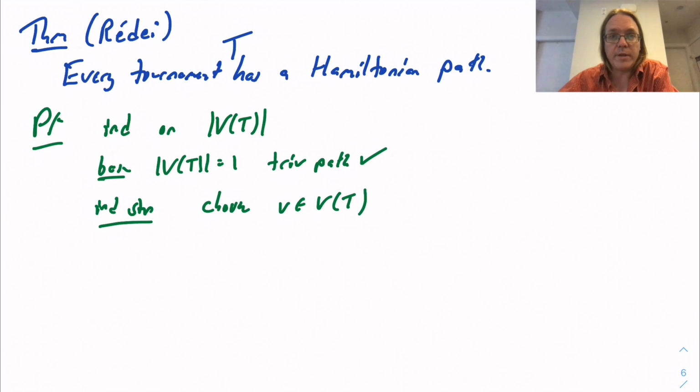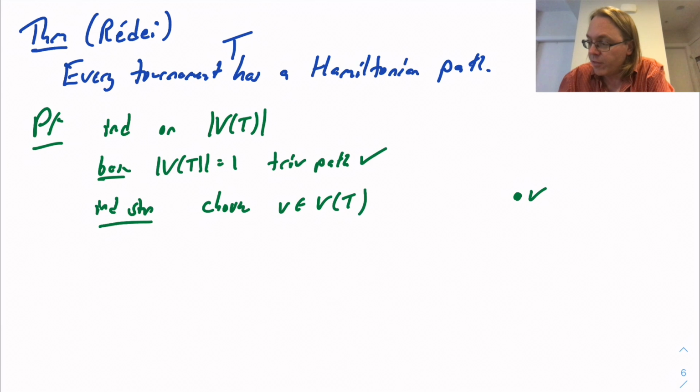Now here's the thing. We have a tournament. That means this is an orientation of the complete graph. So I've singled out my vertex v. Here it is. Now, for every vertex that is not the vertex v, either there's an edge from v to that vertex, or there's an edge from that vertex to v, because we have an orientation of the complete graph. The underlying graph is complete.